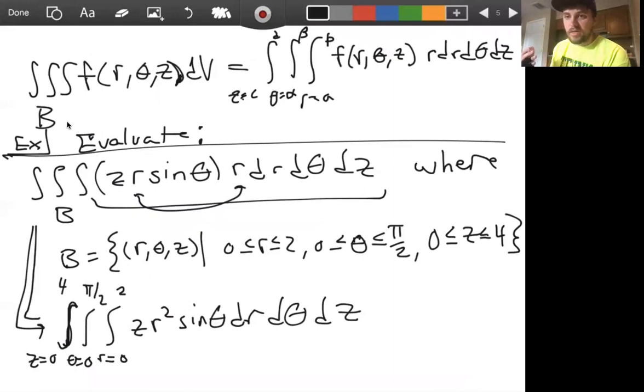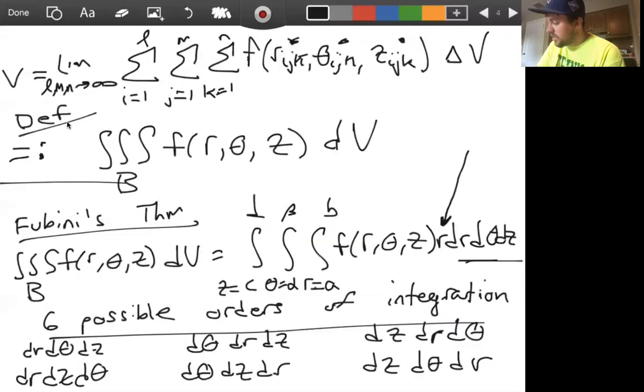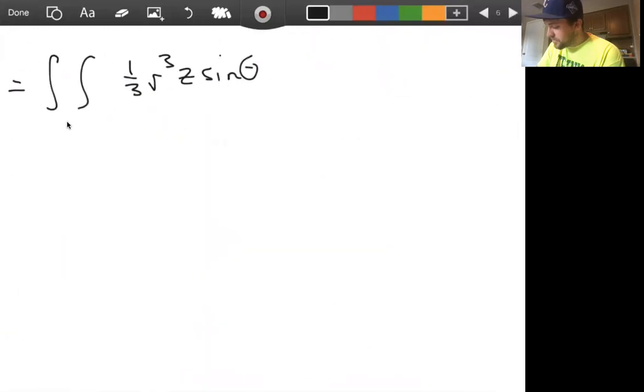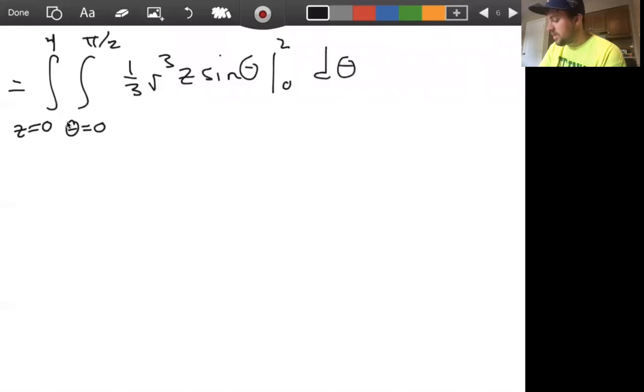And when you take into account constants in the integration, they just go along. And so we have theta from 0 to pi over 2, z from 0 to 4, and we're evaluating this from 0 to 2, d theta dz.